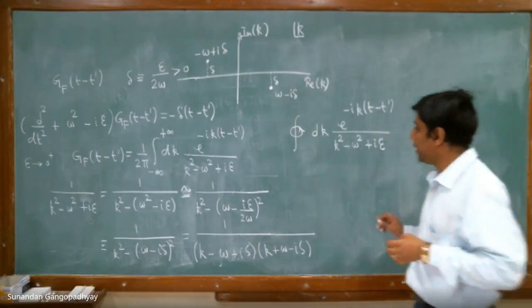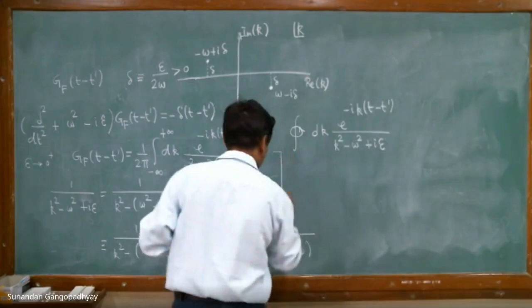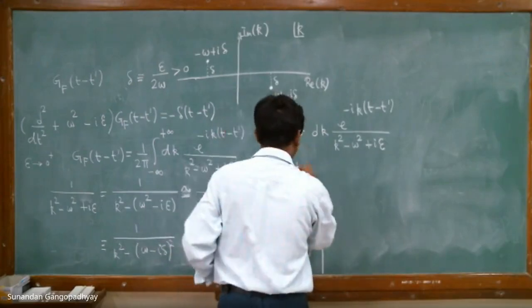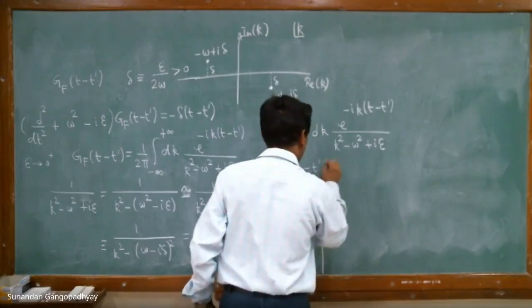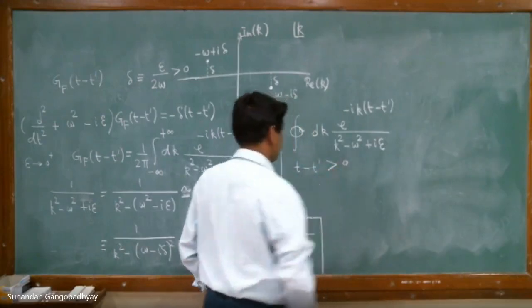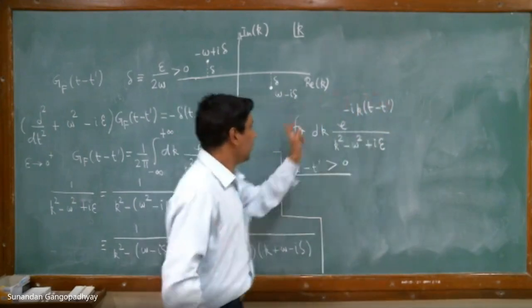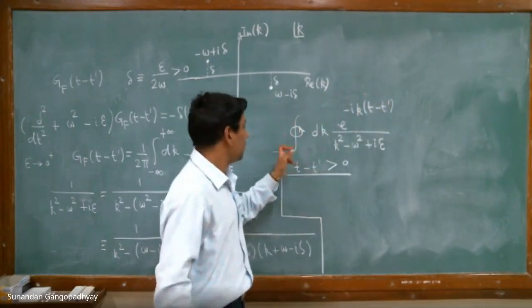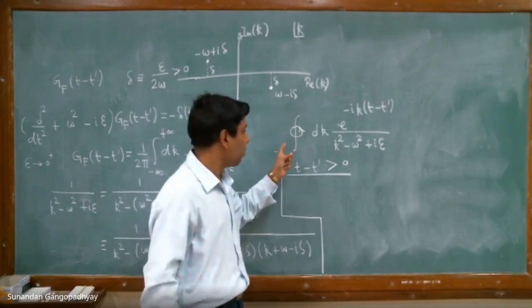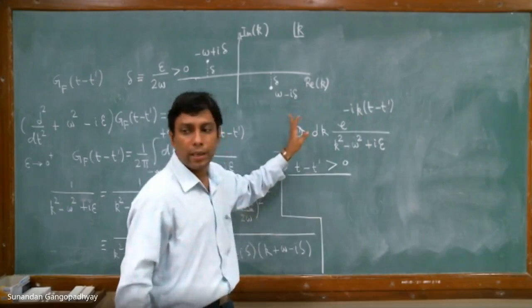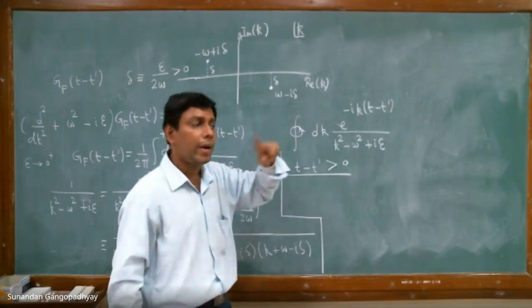And notice that now we will separate two cases out. We shall first consider the case where t minus t prime is greater than 0. The question that arises in computing this contour integral is the following. This is a contour integral, but where do you close the contour?